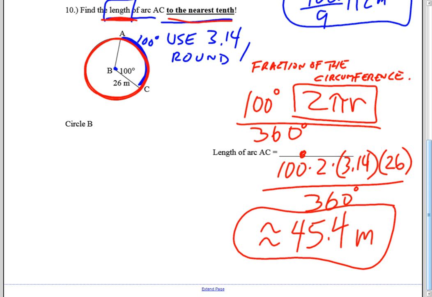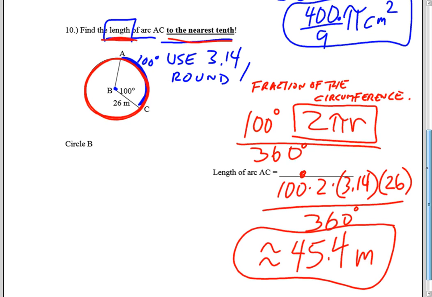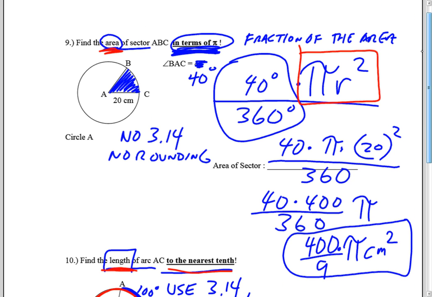Every problem's different. You might see problems asking for, in terms of pi, for anything that has a circle in it. Does a cylinder have a circle in it? Well, if you're doing a cylinder problem that says in terms of pi, no 3.14 and no rounding.